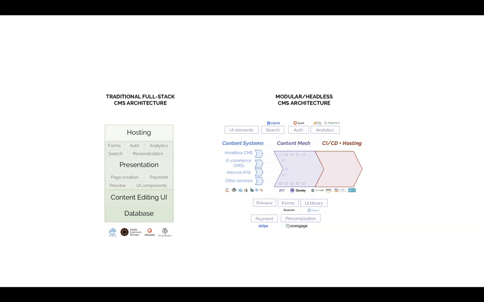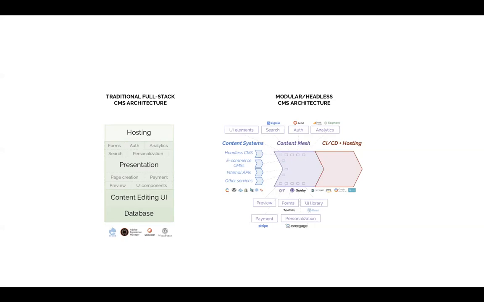It's composed of other APIs like Drupal, where we basically just expose the JSON. Then we have, as you can see, Shopify and WordPress. Those are content systems.